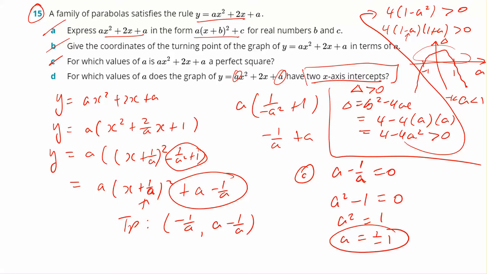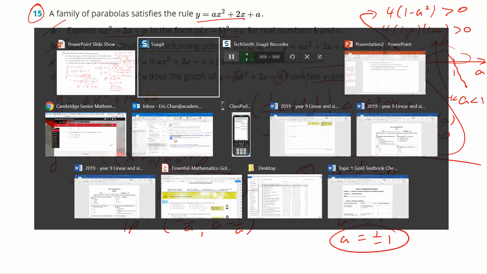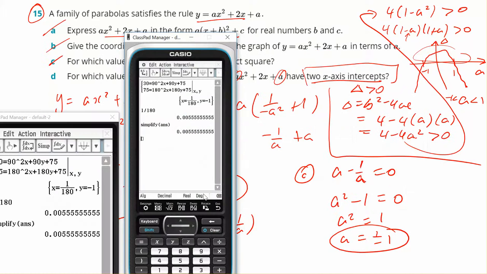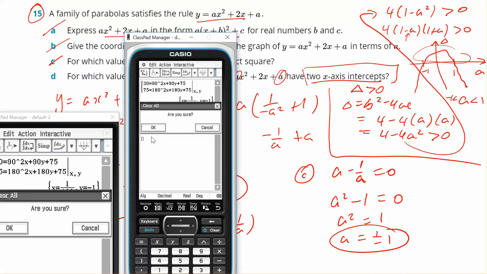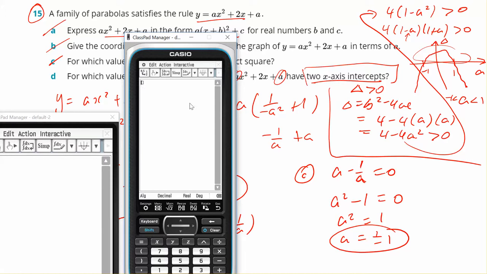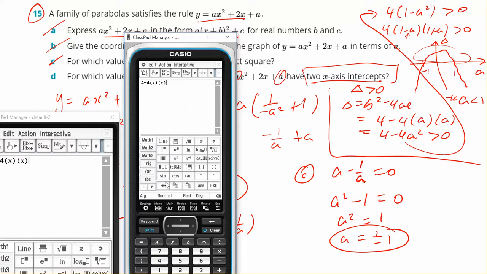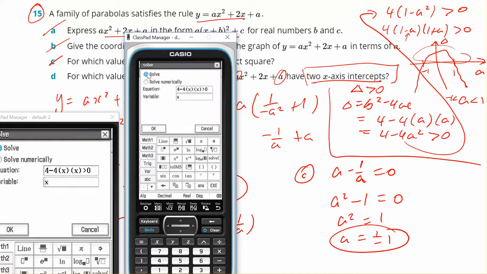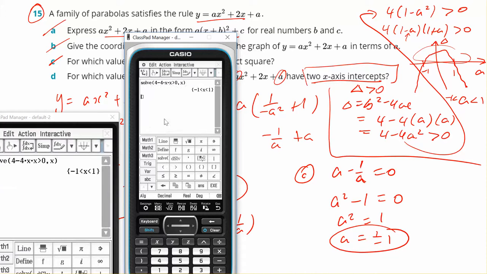Now, if you were to do it on the CAS, you can, especially for the discriminant. You can get the expression for the discriminant, so 4 minus 4x squared is greater than 0. I'm not going to use a, I'm going to use x just for convenience. I'm going to go interactive, advanced, solve for a essentially, and you can see I get the same answer.